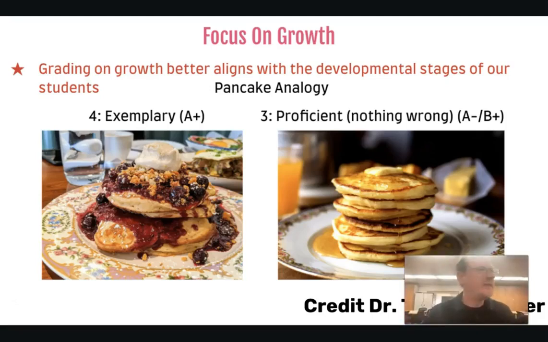So his suggestion was this, and again, because it's a philosophy, you can adjust this however you'd like. His suggestion was, if you're using, say, a 4-to-1 grading scale, that's your C, right? That's your proficient level. There's nothing wrong with what they gave you. If you're doing an A through F grading scale, maybe that's your 93 or 95%, right? So again, using the pancake analogy, if you see the screen here, they made you pancakes. There's nothing wrong with those pancakes.